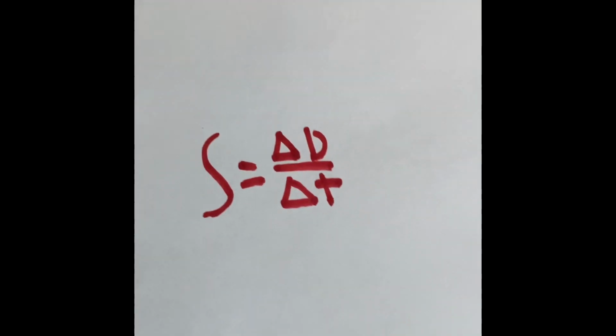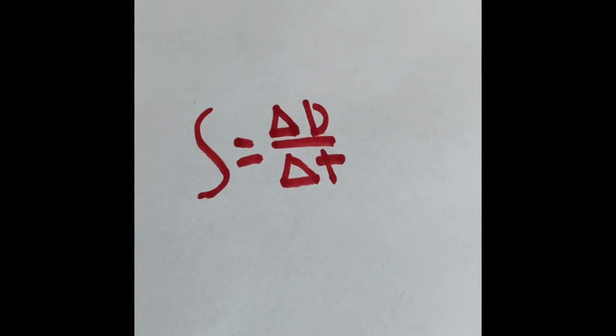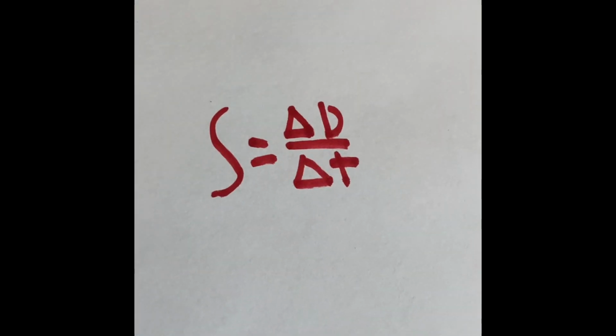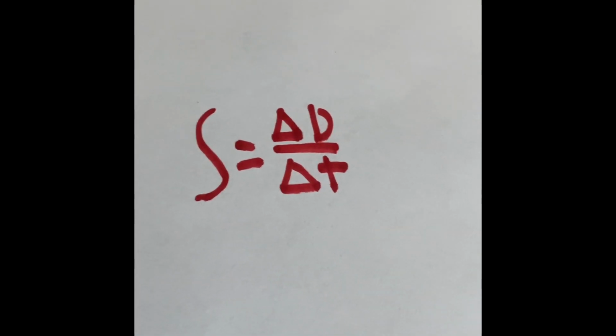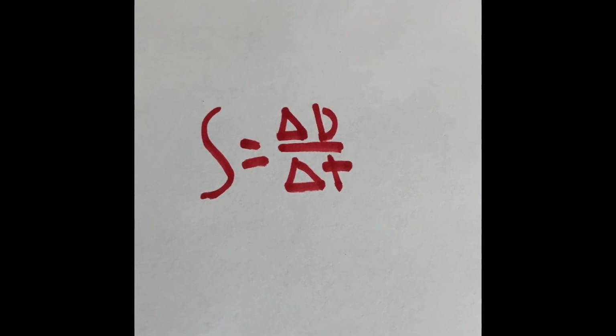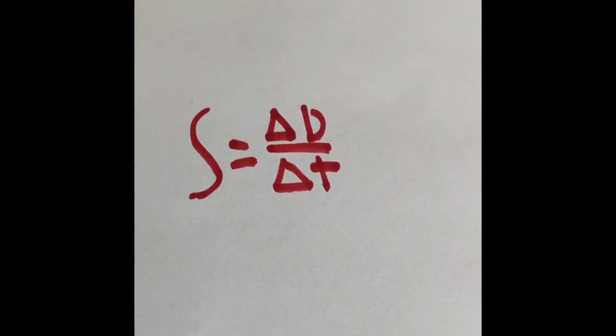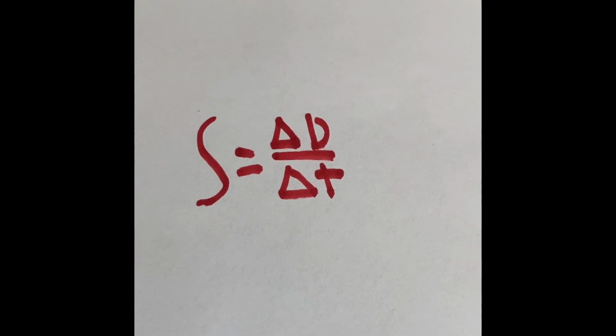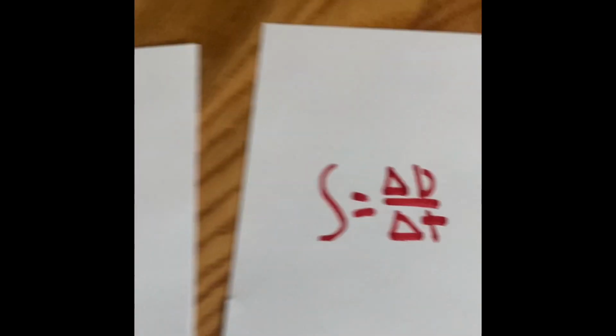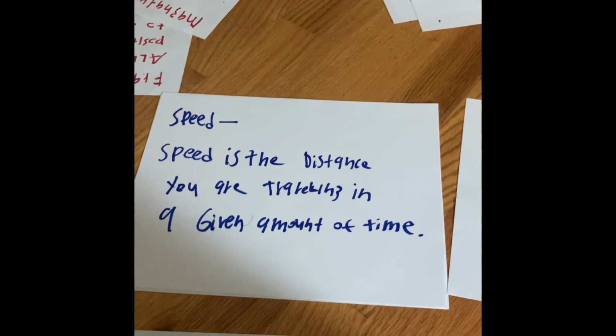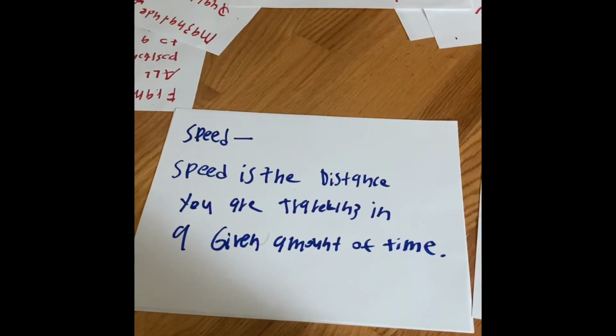Your distance and your time are always changing, which may also change your speed. So that is the formula: your speed equals the distance you cover divided by the time elapsed. It makes a lot of sense, because you are traveling in a given amount of time.